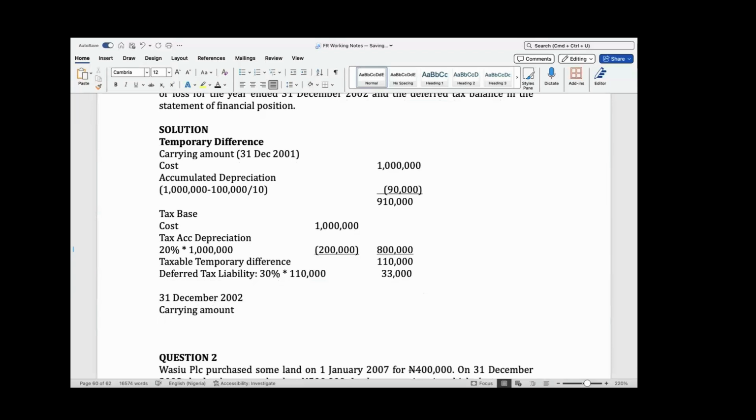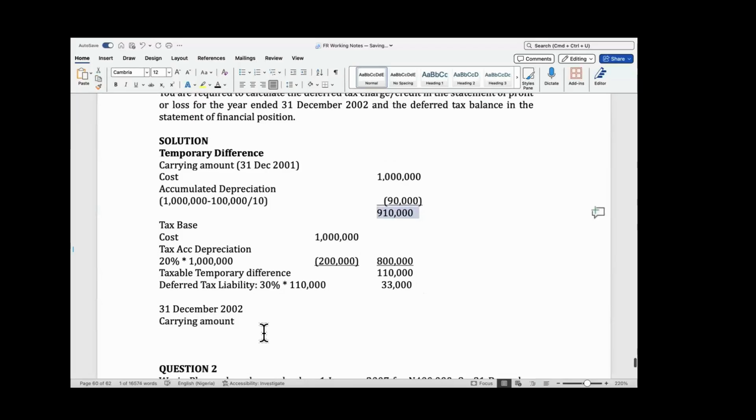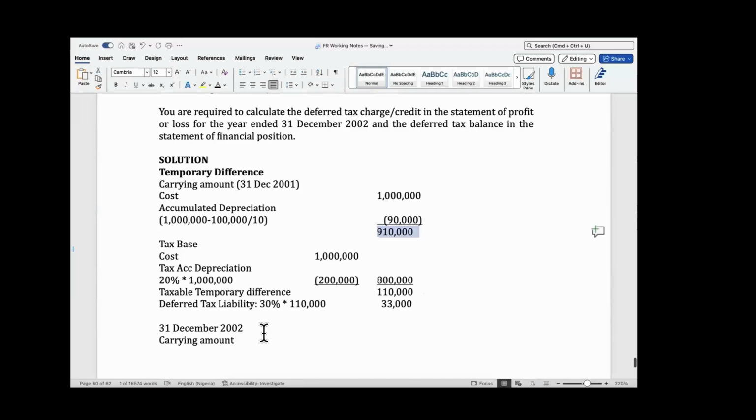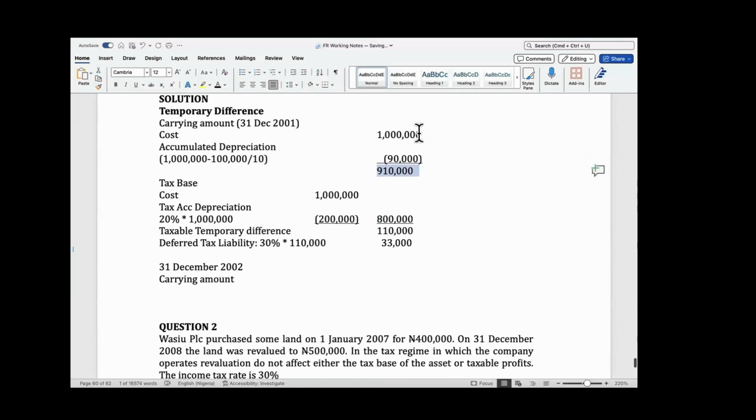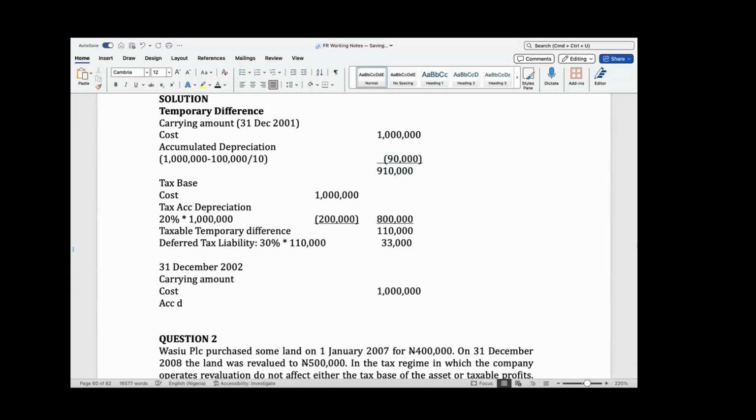My carrying amount now, I can either continue from here, which is 910,000 minus my depreciation for that year, which could just be 90,000. I can do cost minus accumulated depreciation, just to make it easy for you. We already know that it's 90,000 per annum depreciation.